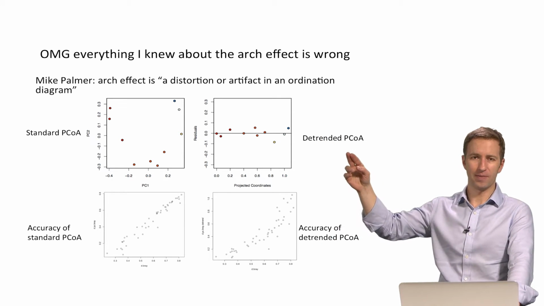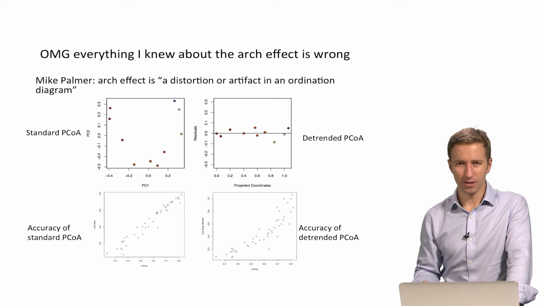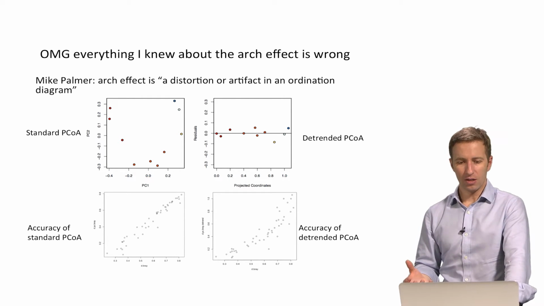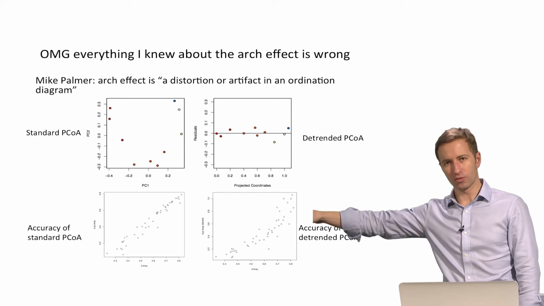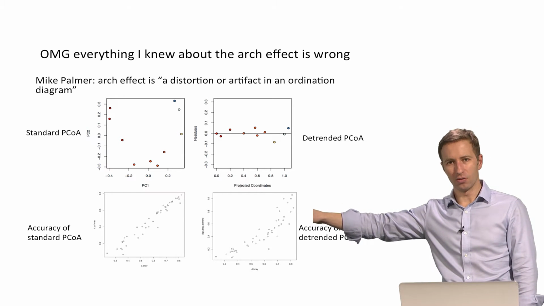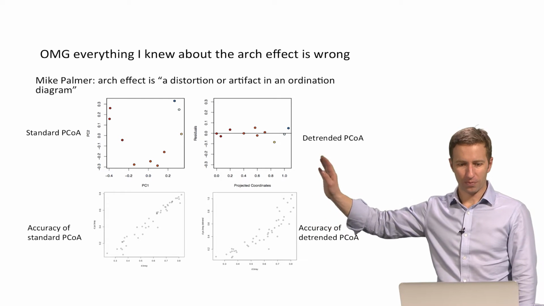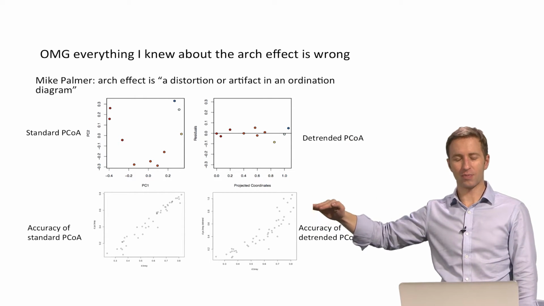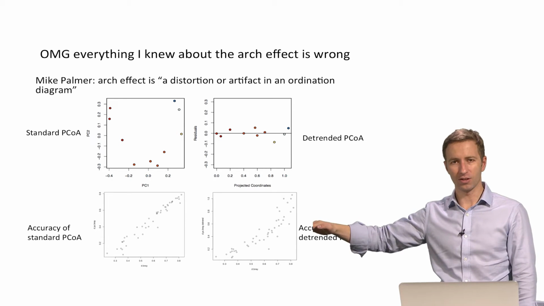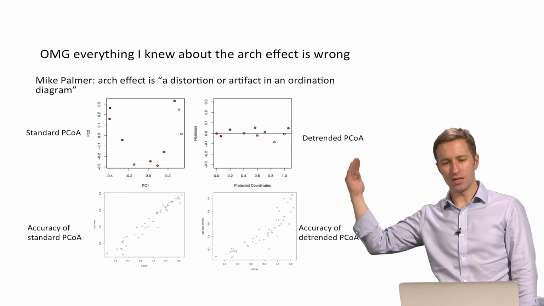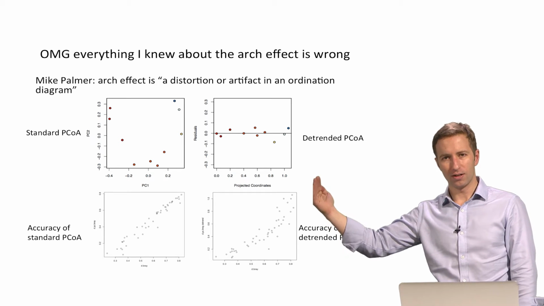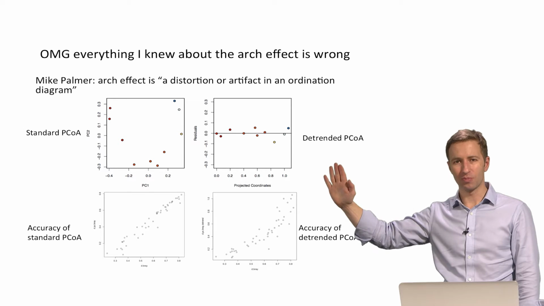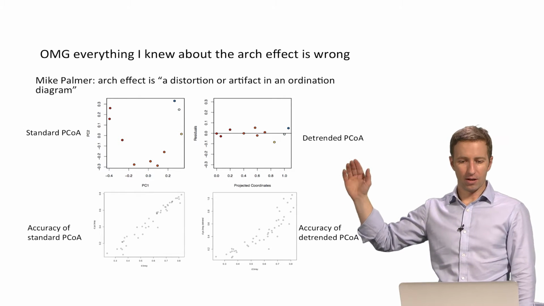But if you compare the actual distances between samples in the raw principal coordinates analysis with the arch effect to the true distances between samples, and here this is using Bray-Curtis, you see that there's a pretty good correlation. So that's what's shown in the lower left. You see the expected distances, that's the full distance matrix on the x-axis, and the principal coordinates distances, so that's literally the Euclidean distance on the piece of paper or the slide, on the y-axis.